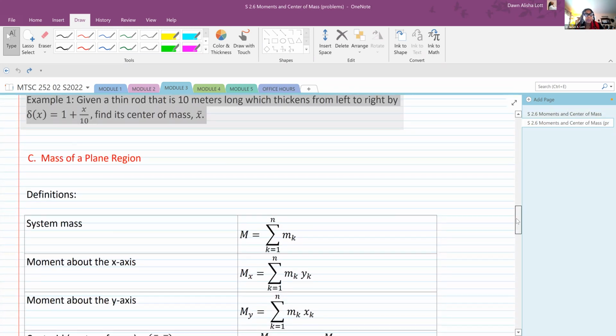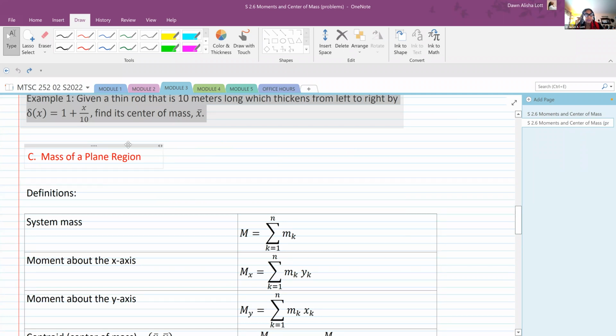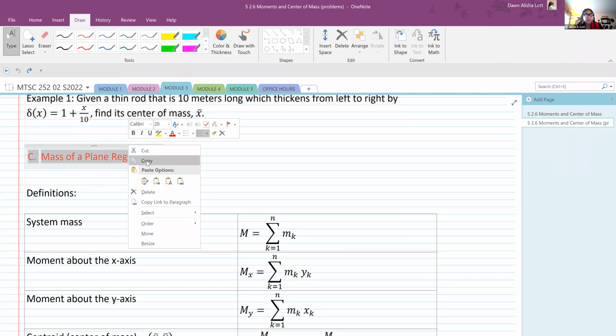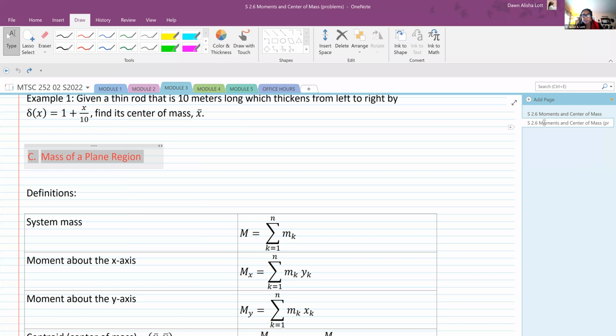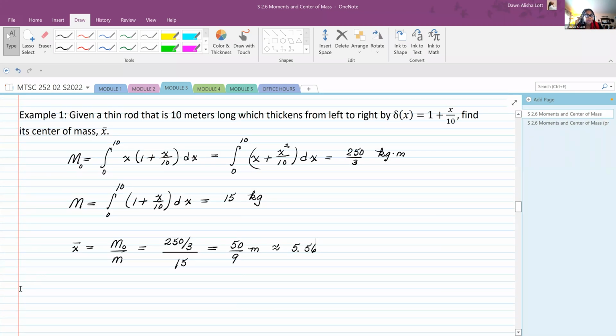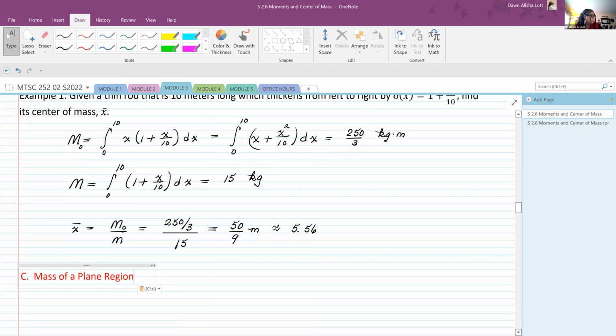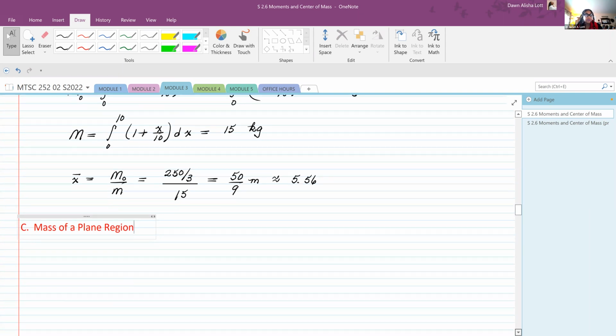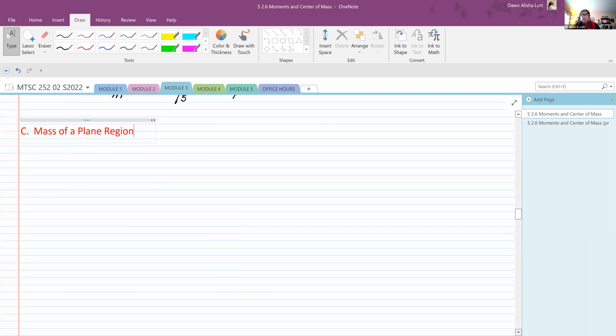Now let's talk about the mass of a plane region. I want to draw this plane region.